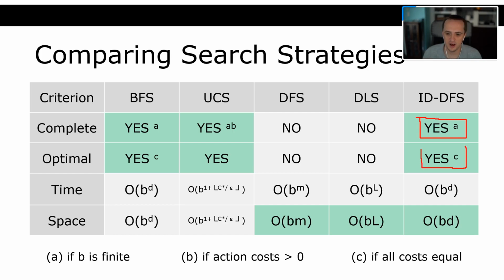It is optimal if all costs are equal, but in general, it is not optimal. It has O(b^d) time complexity. That's not great, but it's kind of the best we can do up to now. And it has O(b times d) space complexity, which is the best we can do right now.